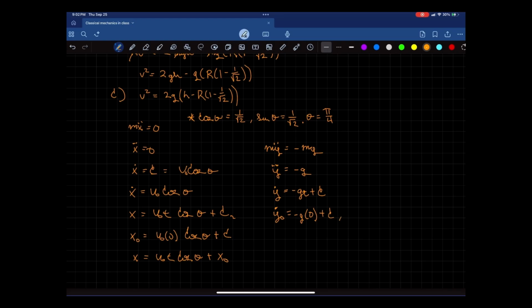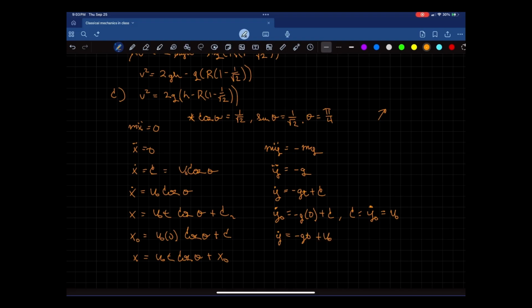So this means that our c is just equal to our initial velocity in the y direction. Since our projectile is coming from the same origin, we can also write this as our initial velocity, y dot 0. So our equation of motion now becomes y dot equals minus gt plus v naught.